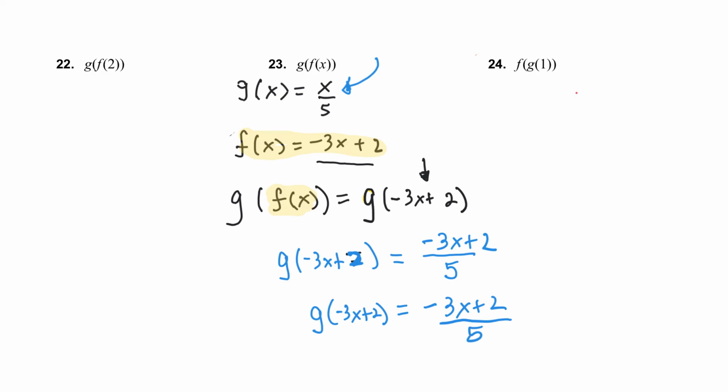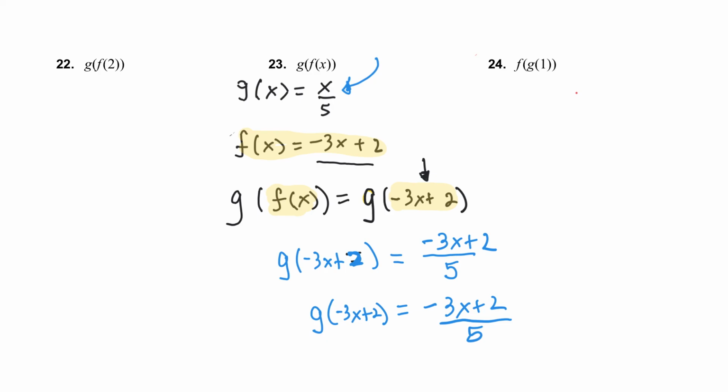You finished the operation. Okay, so just to repeat, you are passing in an expression into the function. In this case, the function was f of x, which is negative 3x plus 2. Oh, it's right here. F of x is negative 3x plus 2. That went into the function.